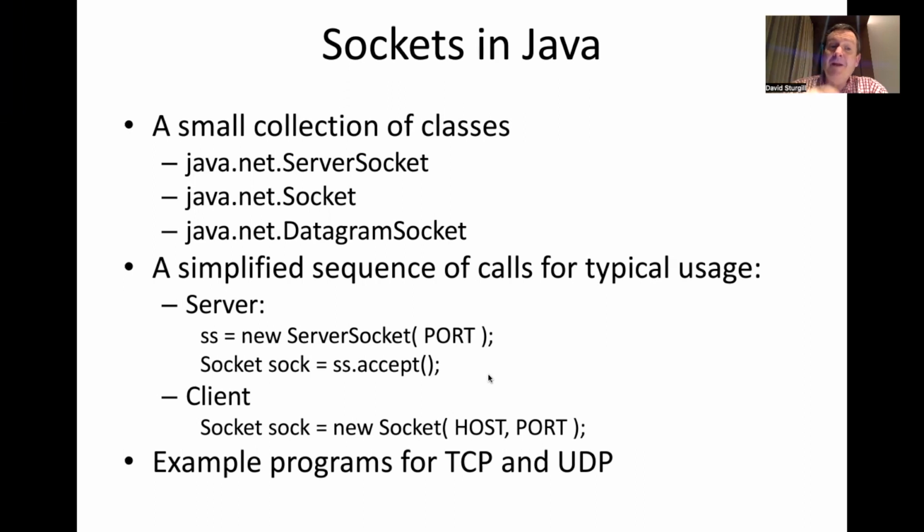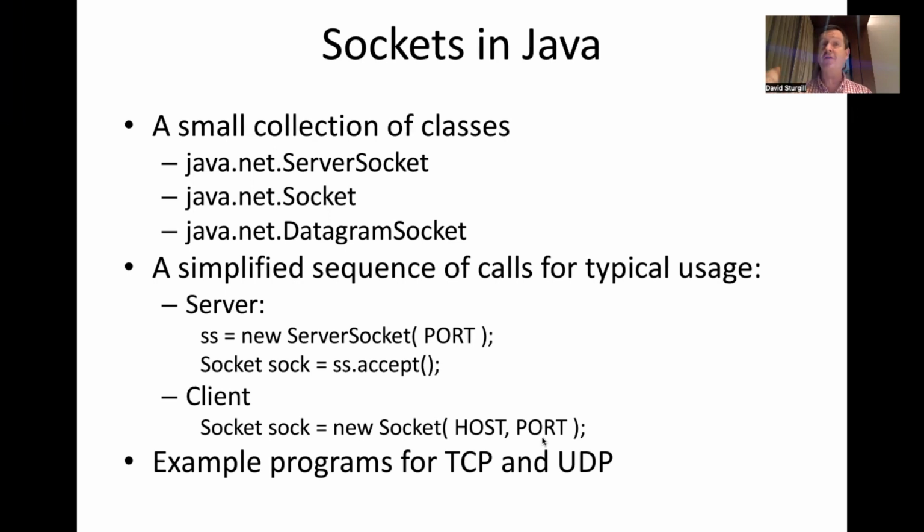The plain old socket, or java.net.Socket without the server in front, is a socket used for communicating. When accept returns, it gives you an instance of that, and that's the socket that you would use to send or receive bytes to a connected client. On the client side, you just have to call the constructor for the Socket class and pass it the name of the host, or you can pass in its IP address, and the port number the host is listening for connections on.